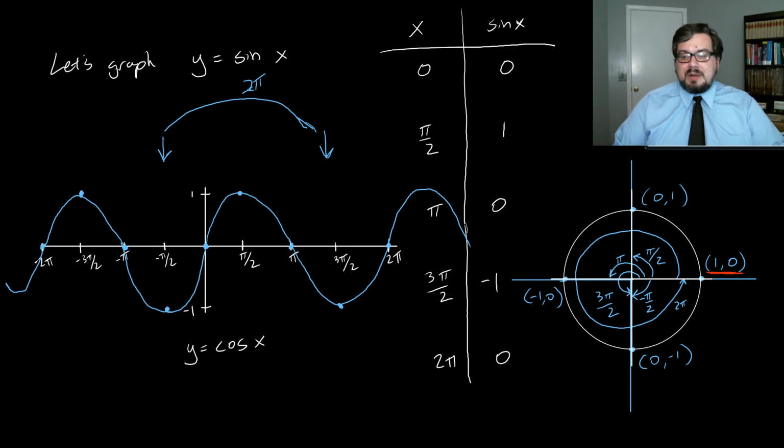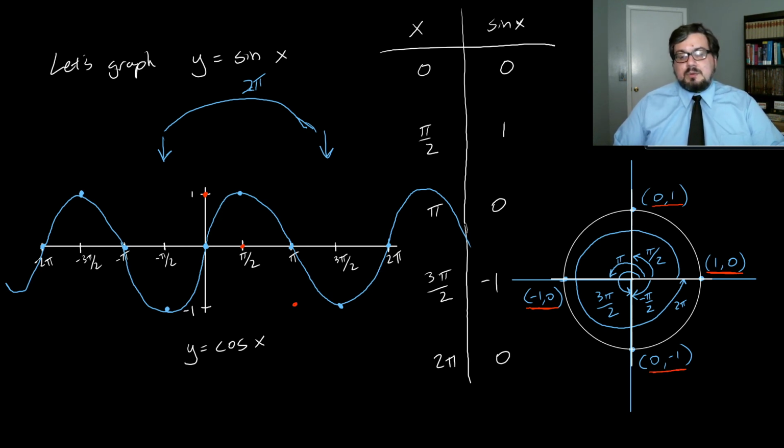will be given by the x-coordinate of the point 1, 0, which is 1. Cosine of pi over 2 is given by the point 0, 1 on the unit circle, which gives us 0. Cosine of pi corresponds to the point -1, 0, which gives us a cosine of -1.